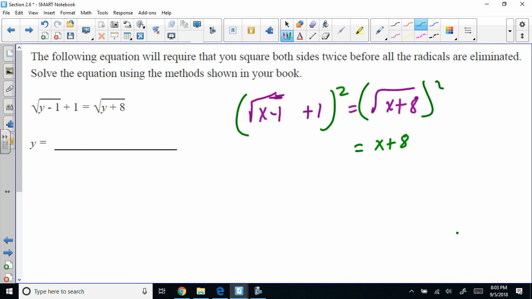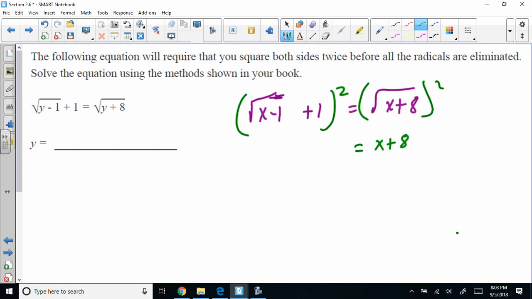So, a plus b squared equals a squared plus 2ab plus b squared, right? That's what we're going to hang our hats on. So let's square the first one. What happens when we square the square root of x minus 1?